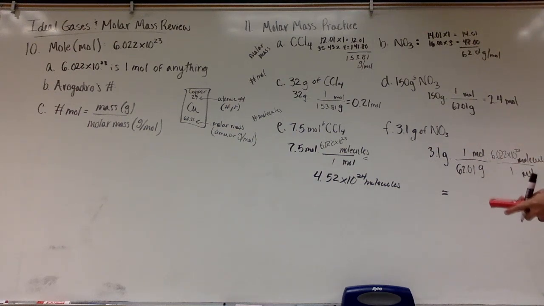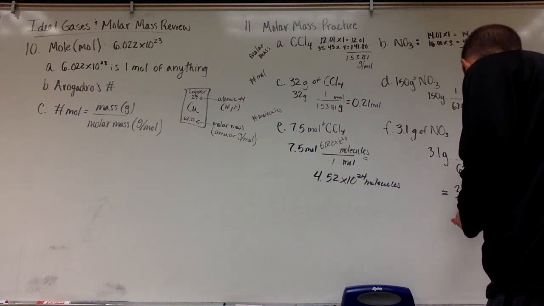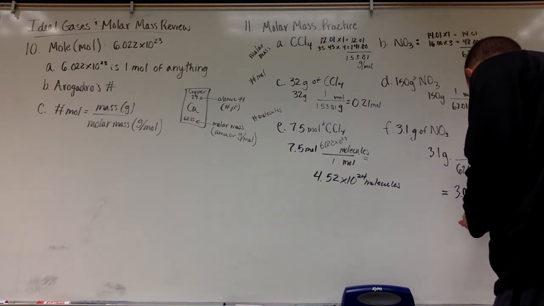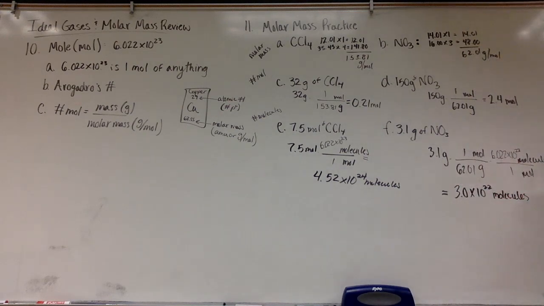So all I'm going to do now is type in 3.1 divided by 62.01 times 6.022 E23. And what I get is 3.0 times 10 to the 22 molecules. Remember, anything that's on top gets multiplied, anything on the bottom gets divided.